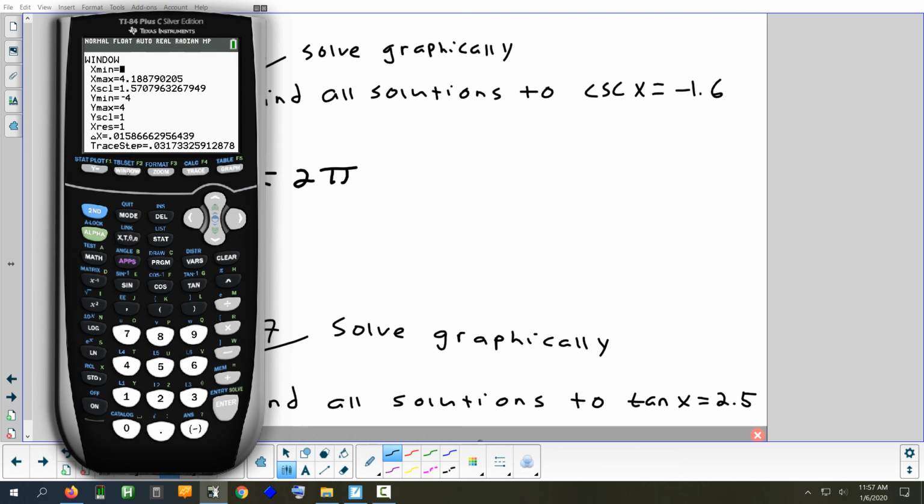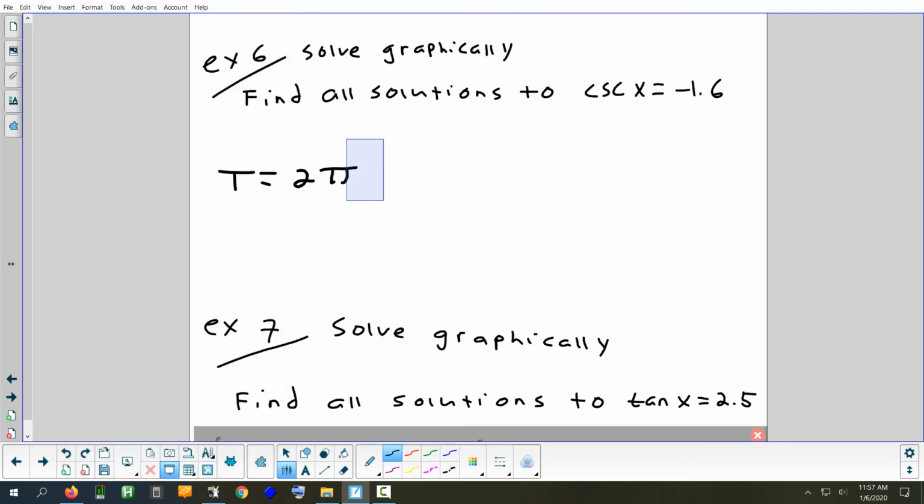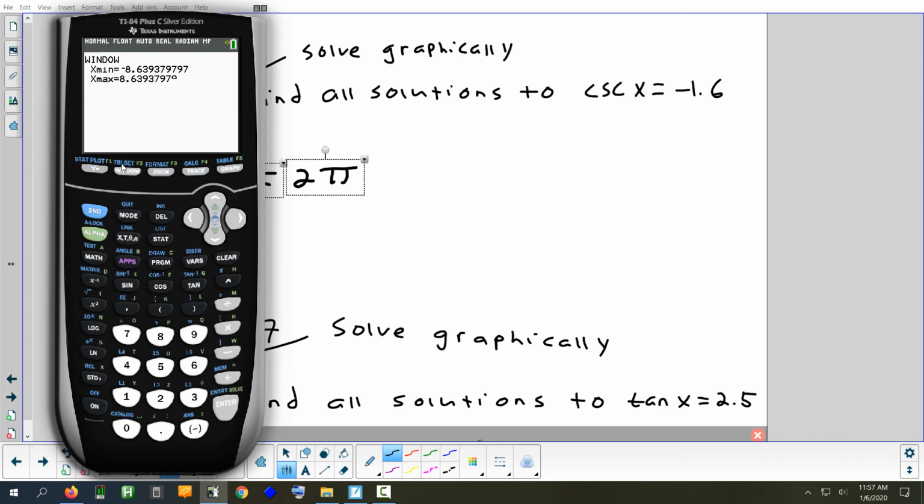And now, if I look at this, to me, this is confusing because you're looking at more than one cycle on the screen. Okay? Your job is just to find the answers in one cycle. There's like 6 answers on the screen there. I don't want to look at that. I just want to look at one cycle. So let's make it simple.